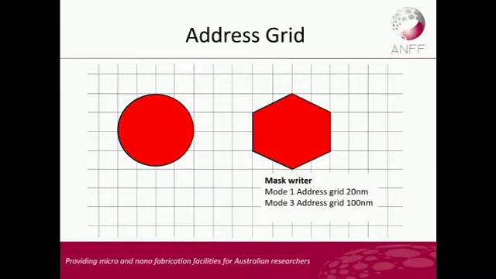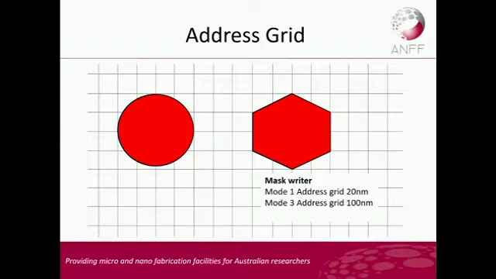There's an address grid on it. There's two write modes on the mask writer, and it has different address grids depending on the write mode they use. Down to 20 nanometer for the mode 1 head and 100 nanometer for the mode 3 head. It just means that you can get smoother lines with the mode 1 head.